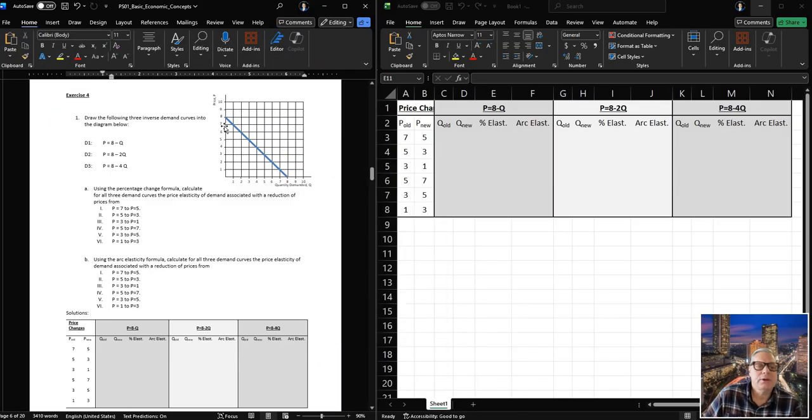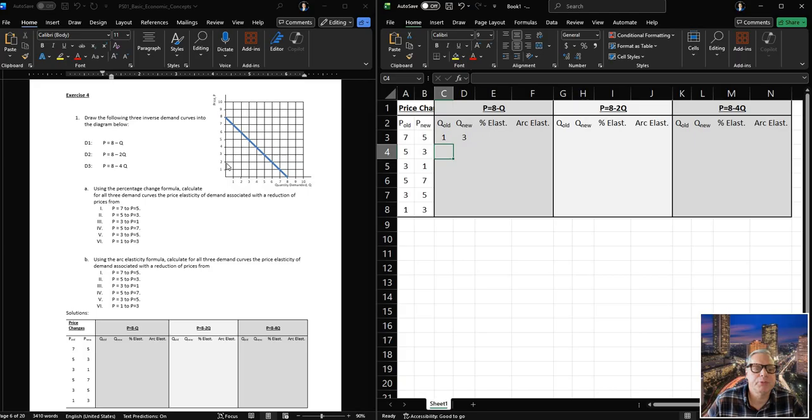So now, if we lower the price from 7 to 5, so at 7 the old quantity demanded is 1, and at 5 it is 3. So now we can write here 1 and 3.